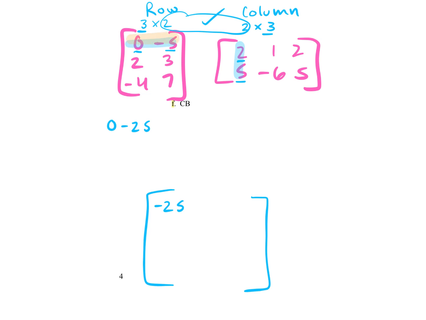Now we can do the first row, second column. 0 times 1 is 0. -5 times -6 is 30. So 0 plus 30 would just be 30. Then the first row, third column. 0 times 2 is 0. -5 times 5 would be -25. 0 minus 25 is -25.